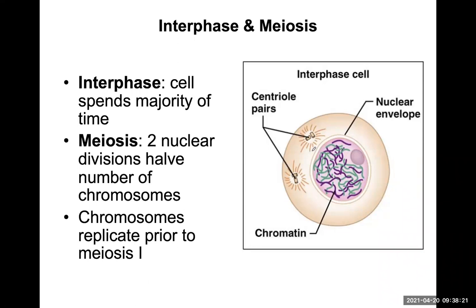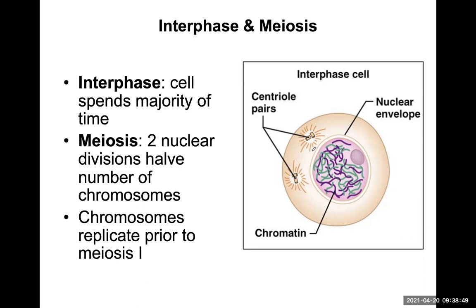During meiosis, the cell goes through a mitosis-type process twice, right? So we say there's going to be a phase 1 of meiosis and a phase 2. And so we're going to have prophase 1, metaphase 1, anaphase 1, telophase 1, and then prophase 2, metaphase 2, anaphase 2, telophase 2.